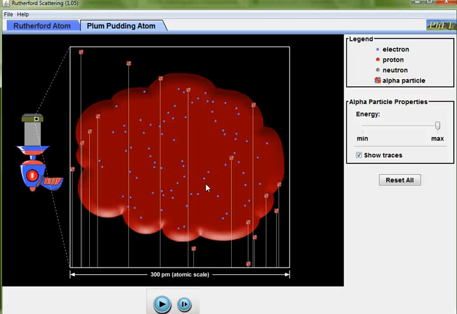Harshad? Okay, alright. So that's the plum pudding model, and that explains what is going on, correct?